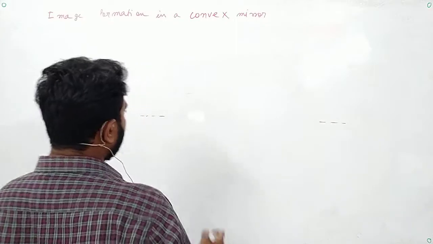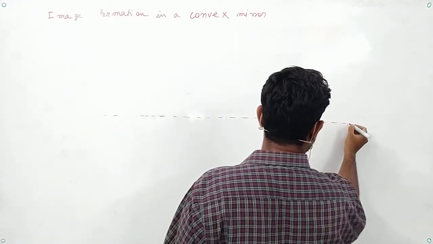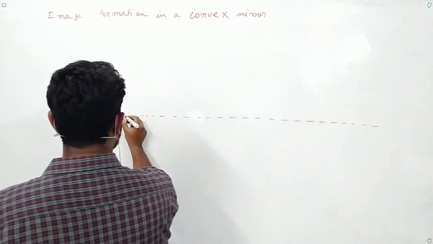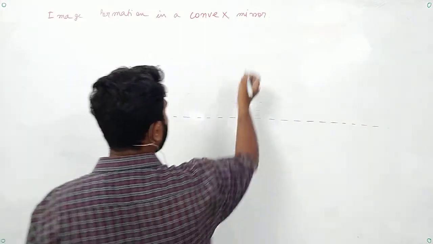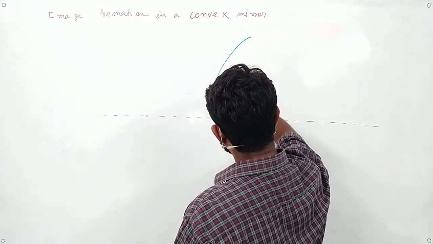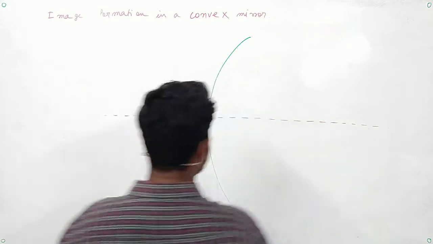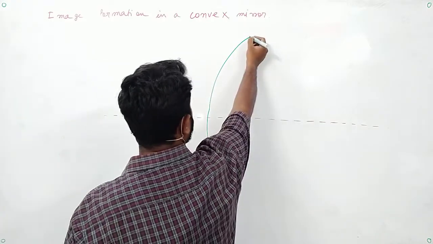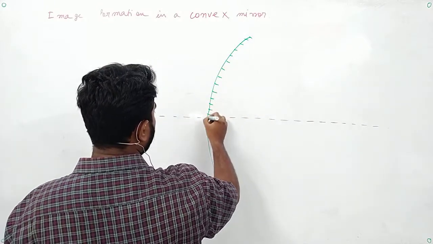See what is happening. Suppose I am drawing a convex surface. See, you take one thing in mind. My convex surface is so big.